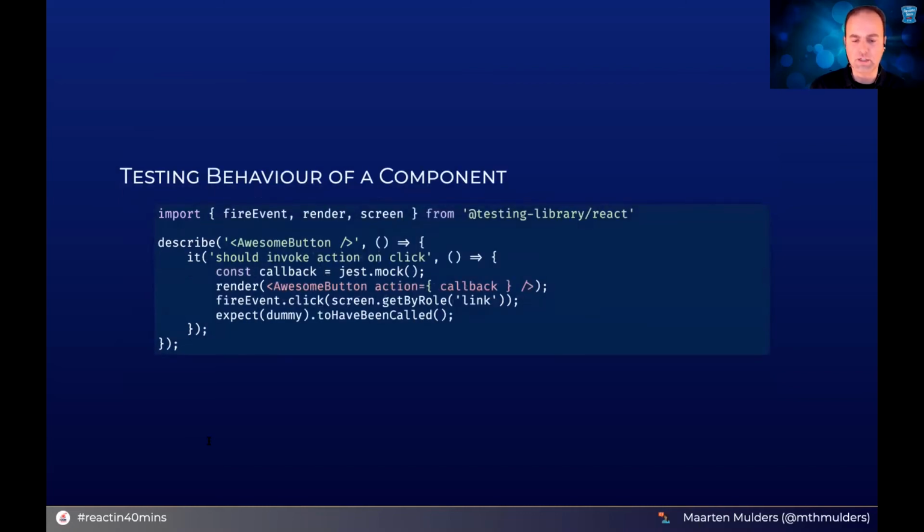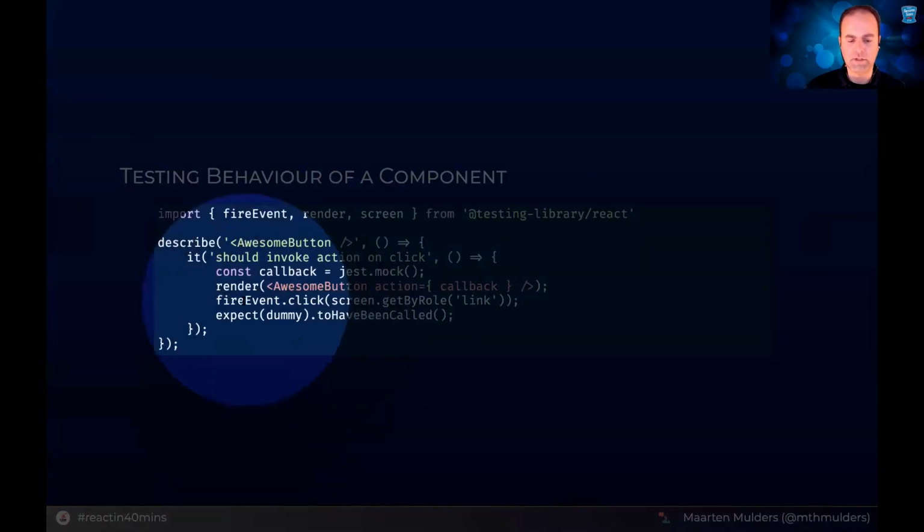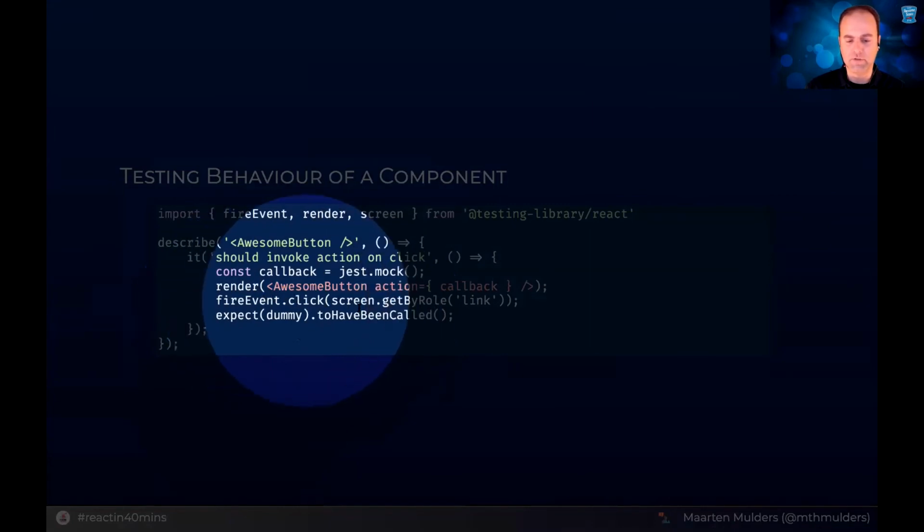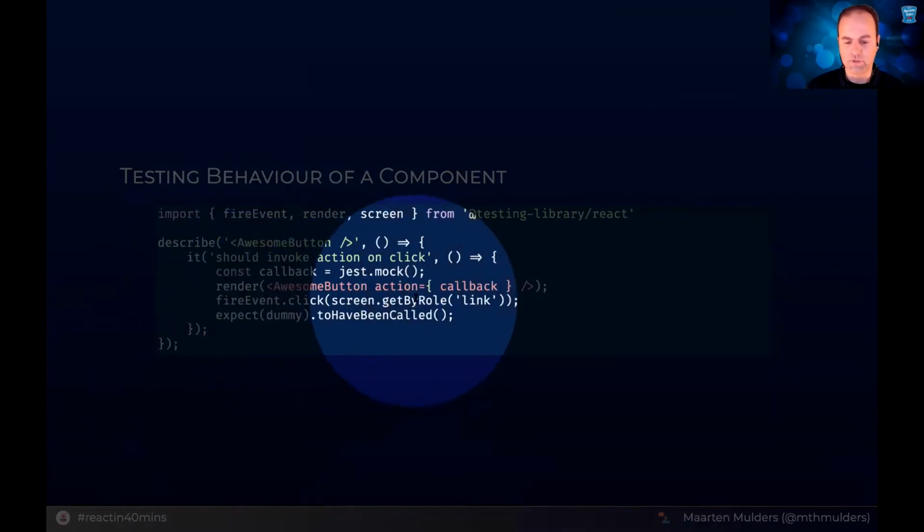And I can even say, hey, if I have a button and it has a callback attached, let me inject a mock function there and then later verify that that function was indeed invoked when I clicked the button. And firing the event is done using this line here where we say fire an event on a component that is visible in the screen, which has the link role.